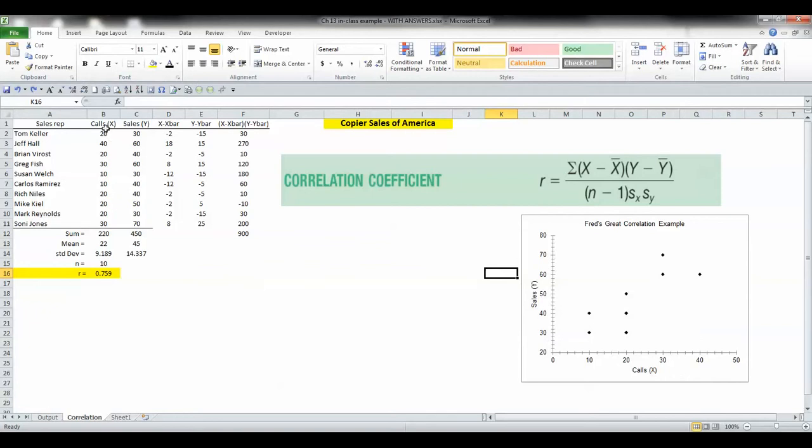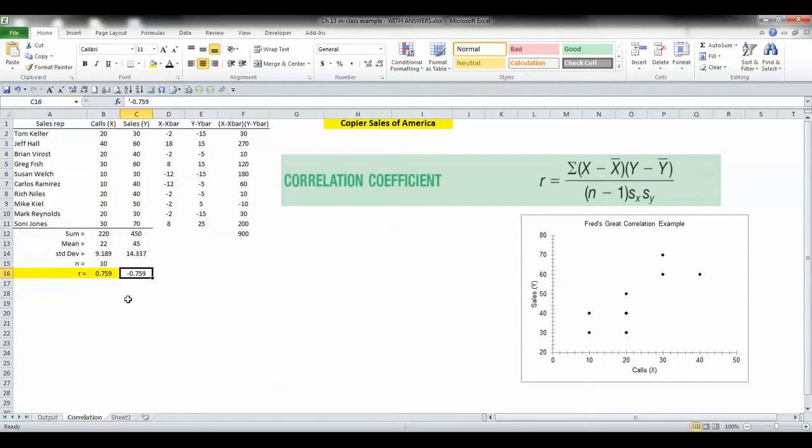But if the number of interruptions related to the number of sales, the correlation coefficient also became 0.759, but it was a negative 0.759, like that. The relationship would be equally as strong. It would just be that one is a negative and one is a positive relationship. So the strength is the actual absolute value of the number.